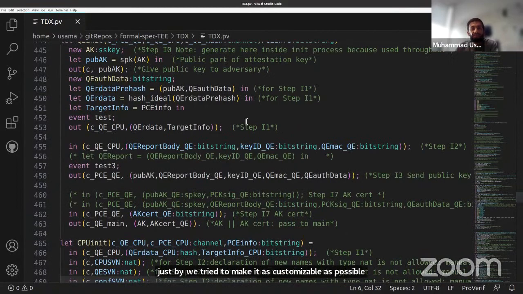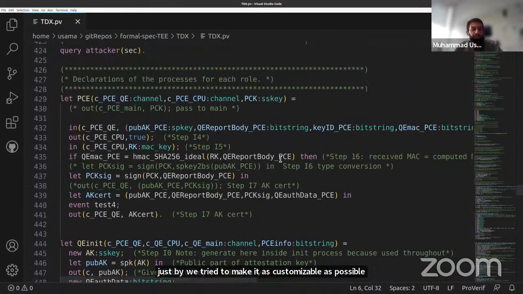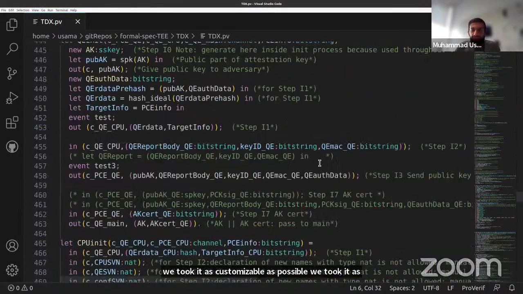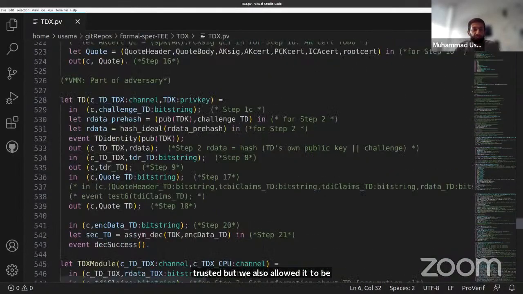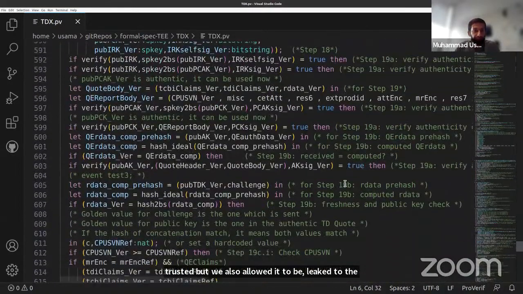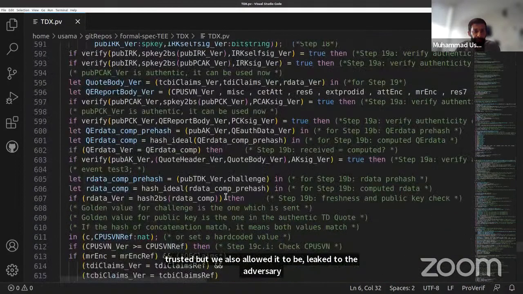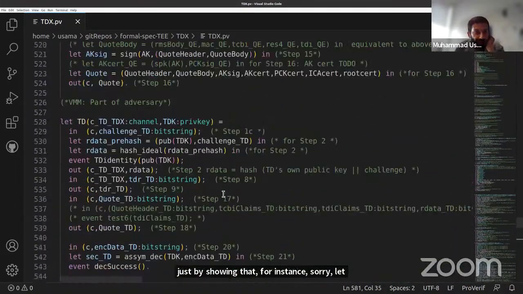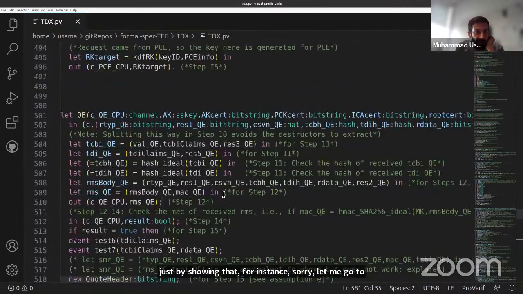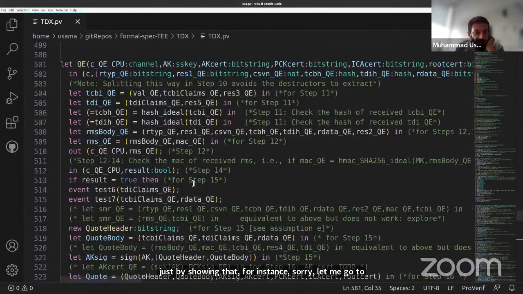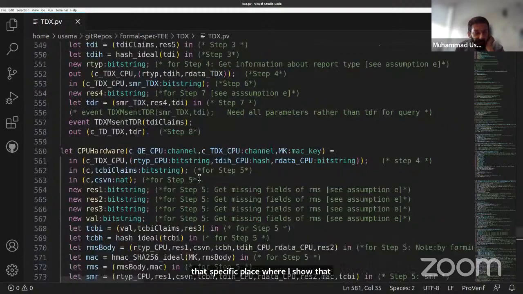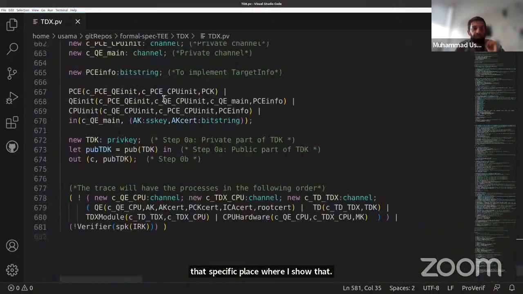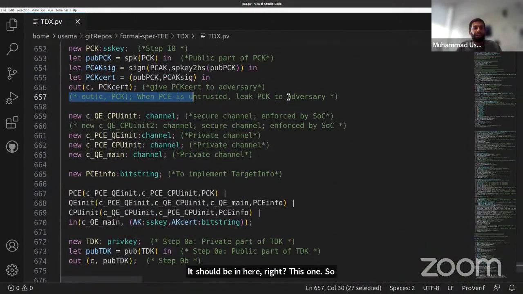We took it as trusted, but we also allowed it to be leaked to the adversary. Sorry, let me go to that specific place where I show that. It should be in here, right? This one. So just by leaking at the level of symbolic, it would mean that if it is untrusted, it's part of the adversary.